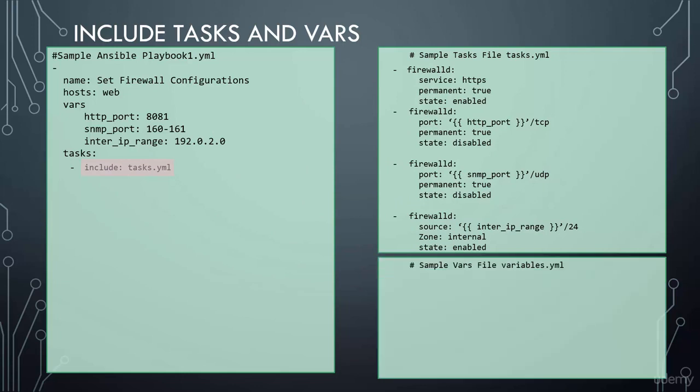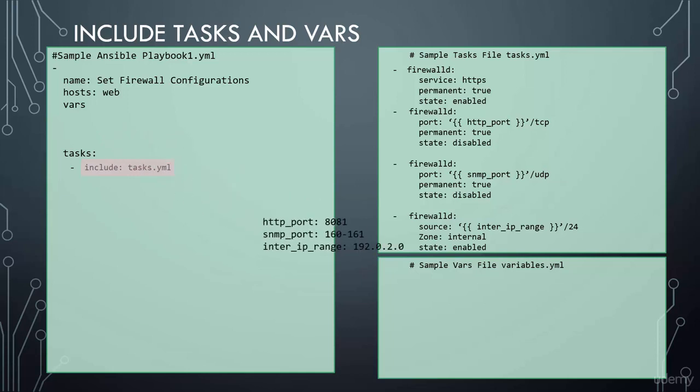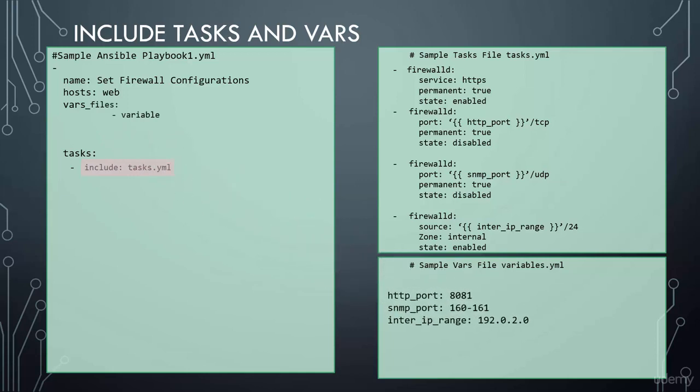Similarly, we can move all variables to a separate file and include all variables from that file using the vars_files statement. Note that here we don't use the include statement. It is called vars_files. Vars_files is what we use for including variables defined in another file.